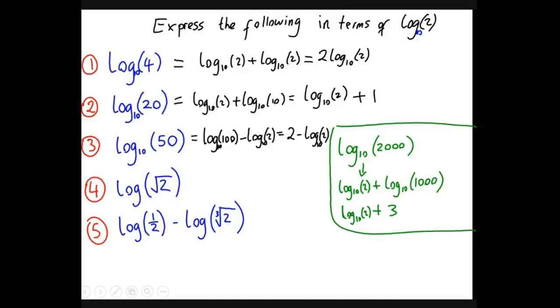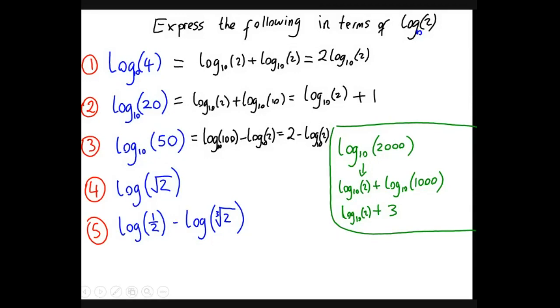With logs, for some reason, log of whatever is assumed to be log to the base 10. It's just one of those conventions. So will it always be to the base of 10? Unless they specify something else, yes, you take it to be log to the base 10. Okay, cool.